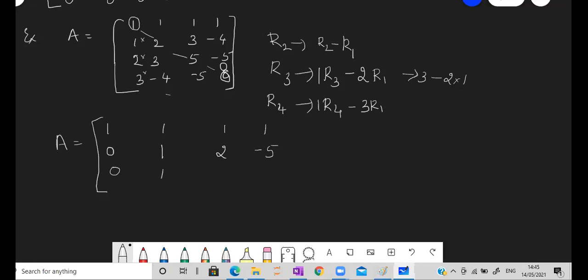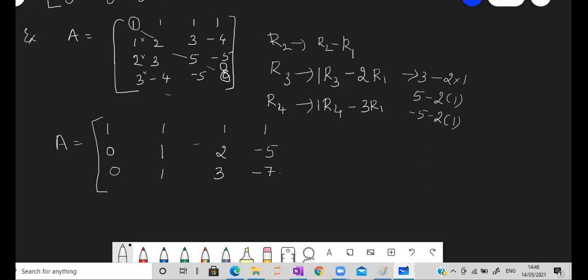Next, for this 5, the corresponding is 1. So 5 minus 2 into 1 is 3. Next, minus 5 and 1: minus 5 minus 2 into 1 is how much? Minus 7. Very good.